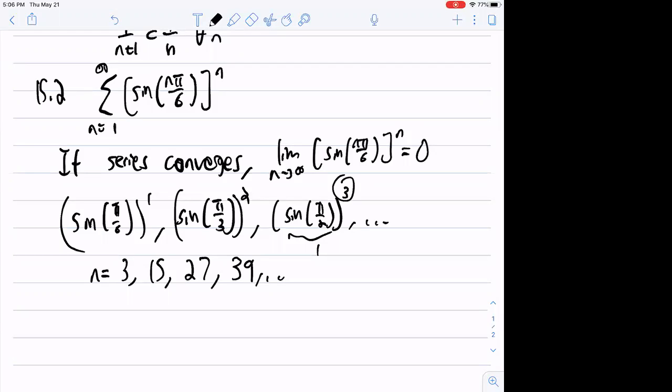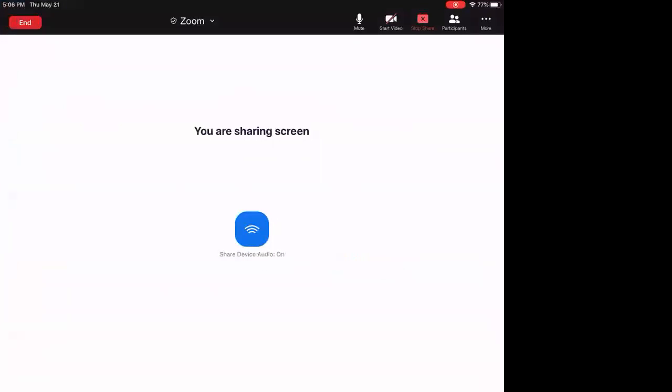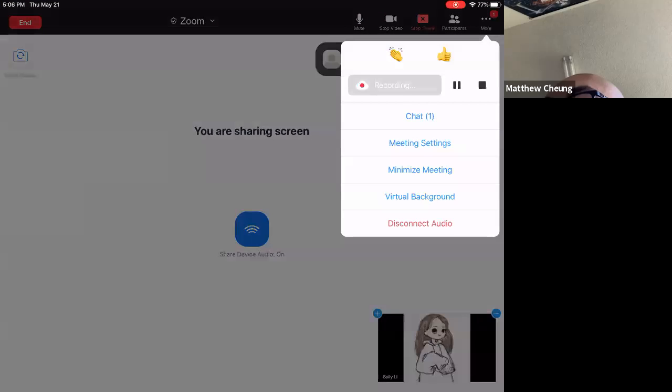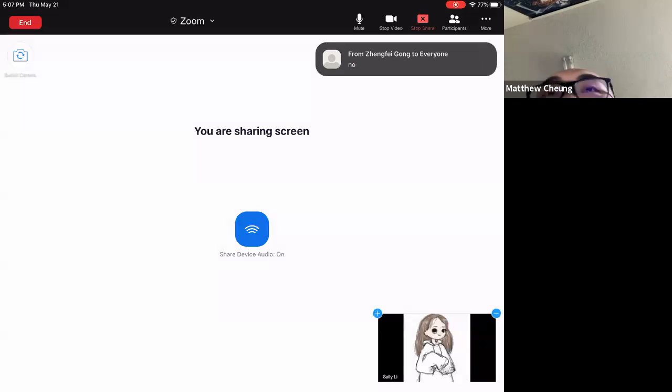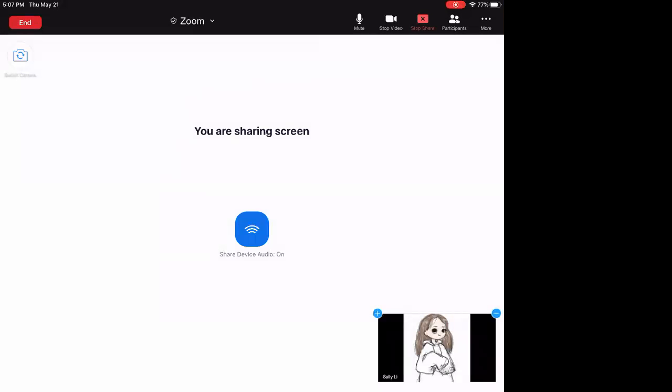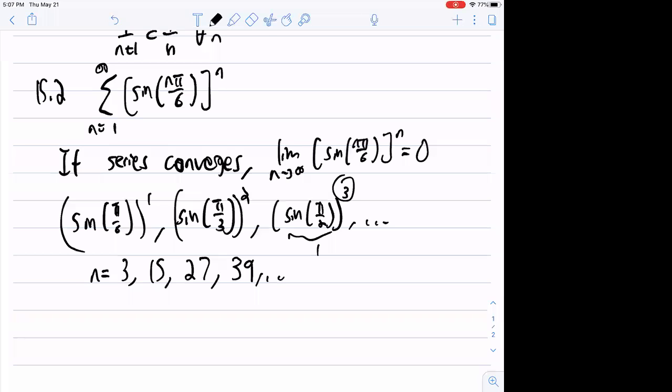So can my limit be 0 in this case? No, I can't. You can use the epsilon definition: to go to 0 means you're within epsilon. Choose epsilon to be a half. Then your sequence would have to be within a half of 0 for n bigger than some capital N. But no matter what capital N you choose, there's always a 1 past it.